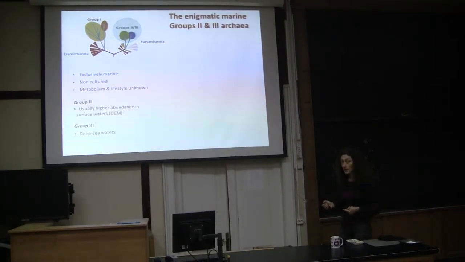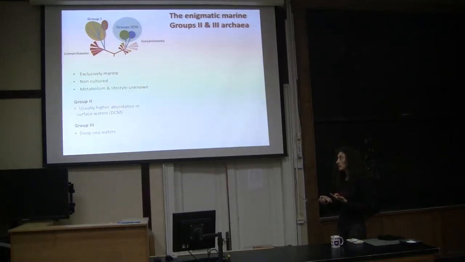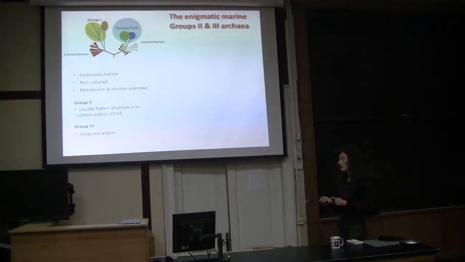Their metabolism and lifestyle is unknown. And in the case of group 2, they are more abundant in surface waters, and particularly at the deep chlorophyll maximum. And group 3 appears to be really specific, or it has been essentially identified in deep sea waters.